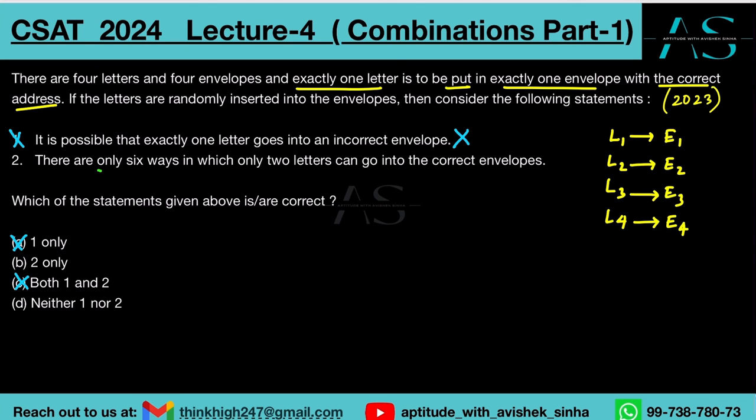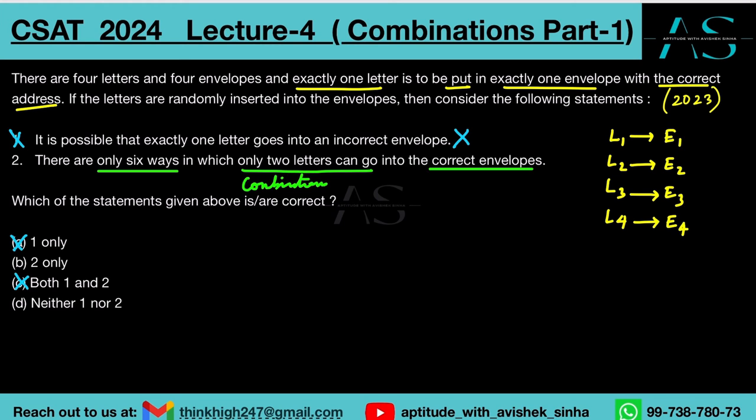Okay, now let's see. There are only 6 ways in which only 2 letters can go into the correct envelopes. Now, the order does not matter. Since the order does not matter, we are looking at combination. So let's see how many combinations we can have. We know the formula, right?